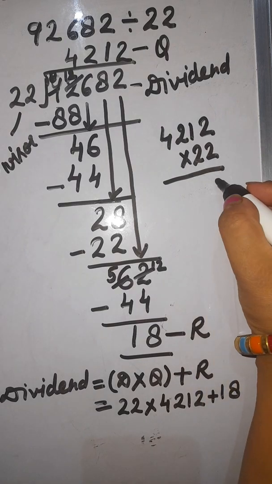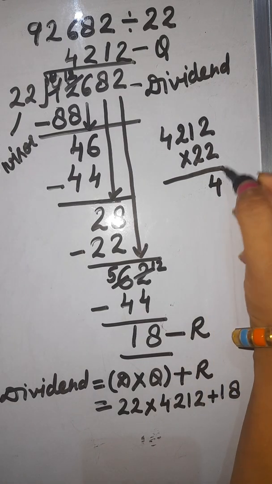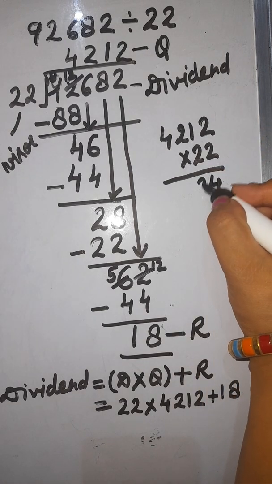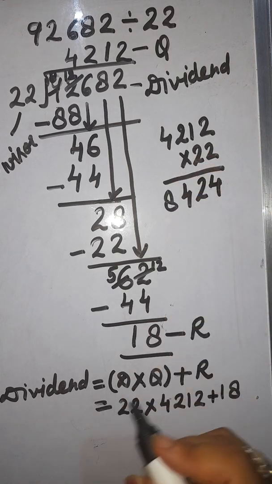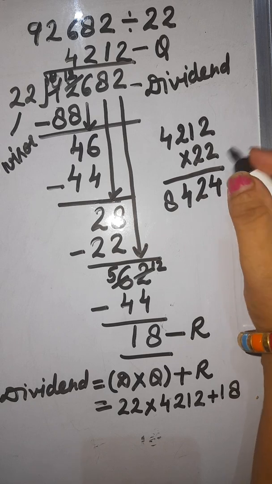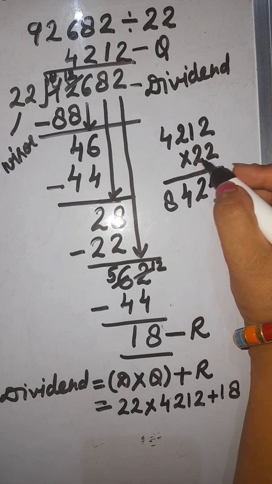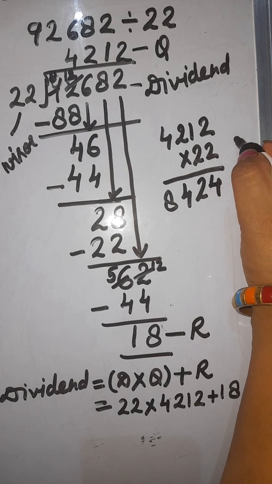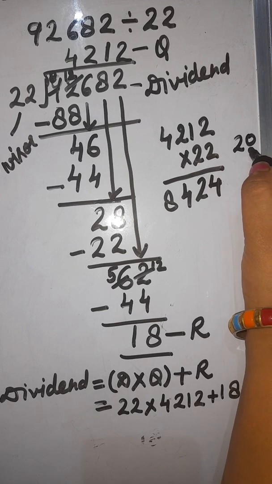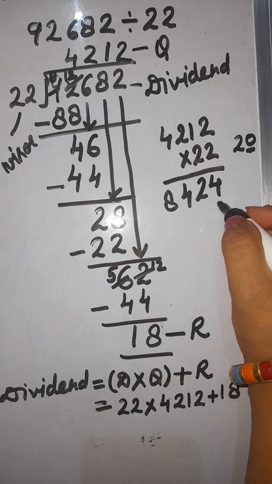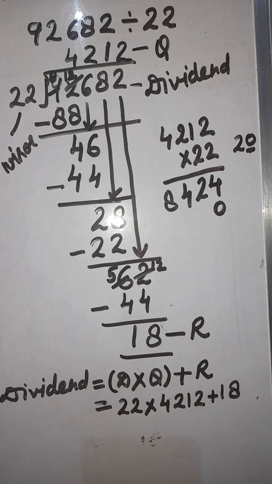So 2 twos are 4, 2 ones are 2, 2 twos are 4, 2 fours are 8. In the next line, check the next digit. It is in the tens place. So the place value of 2 is 20. So the unit place is 0. We'll just write down the 0 here.